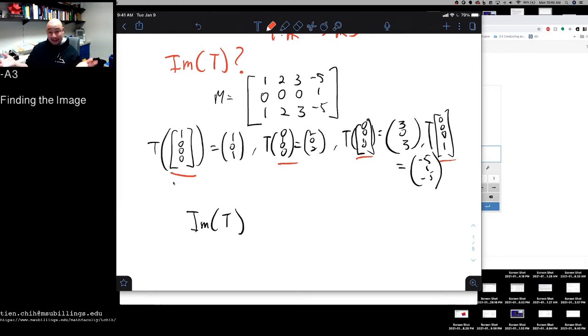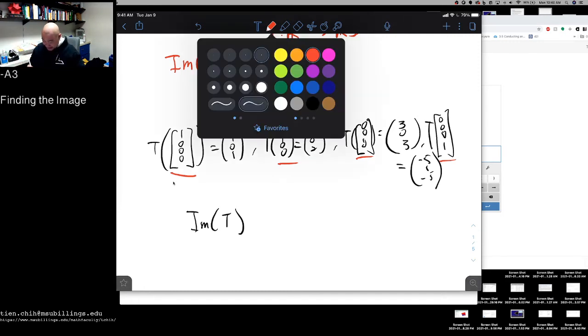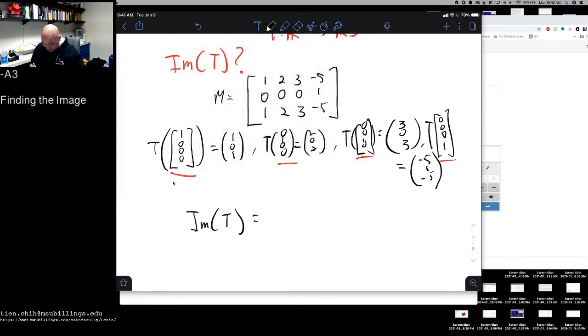So having applied the transformation, the image of T is going to be all the possible linear combinations, or the span, of the images of these vectors. So the image of T is going to be the span of the set 1, 0, 1, 2, 0, 2, 3, 0, 3, and minus 5, 1, minus 5.